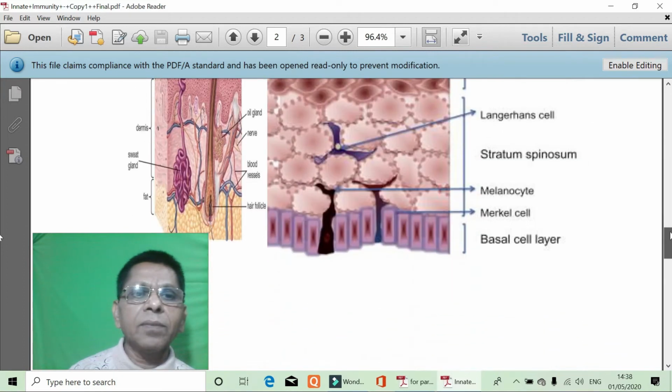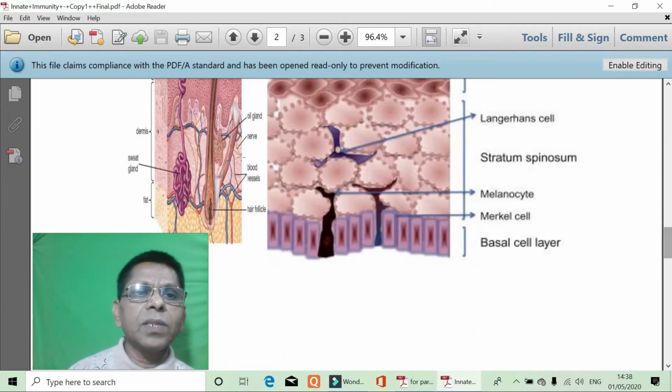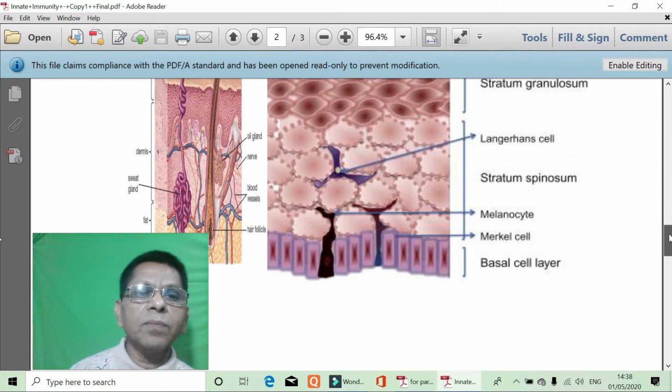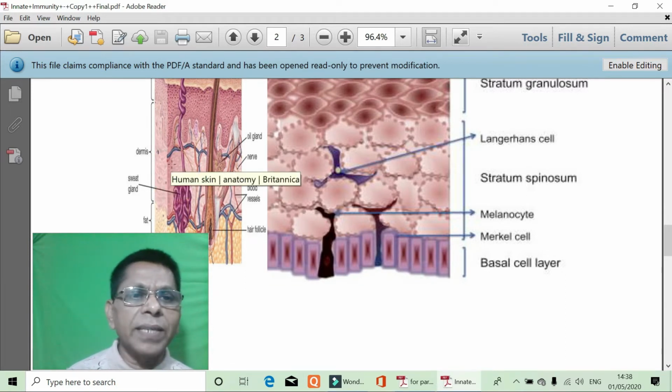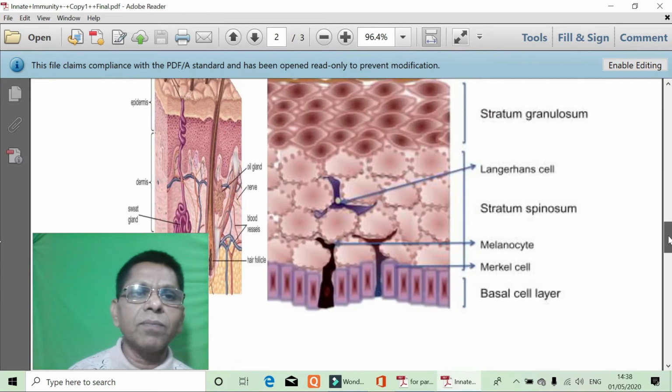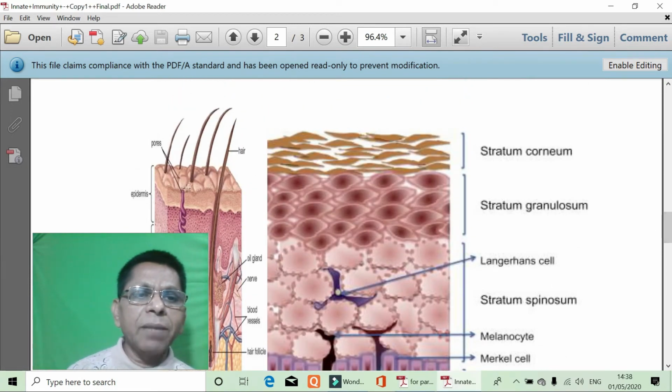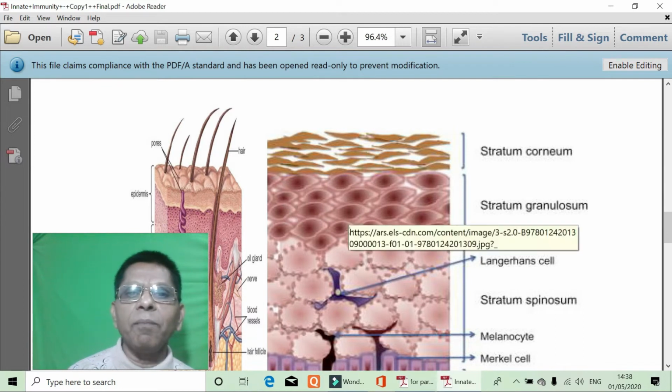Then below the epidermis there is the dermis. This part of the skin is called the dermis, and the dermis is made up of connective tissue, blood vessels and nerve fibers. Now see the epidermis. This region is called the epidermis, and I have magnified it over here.